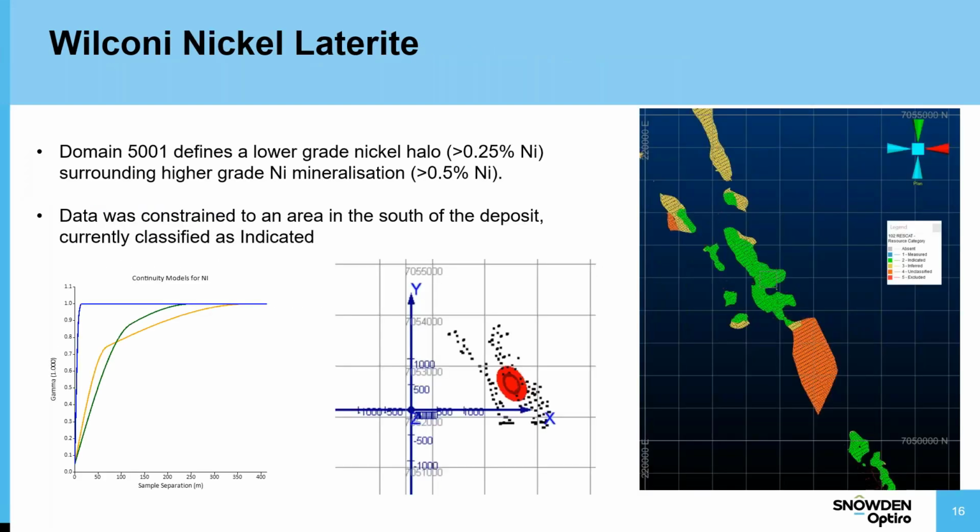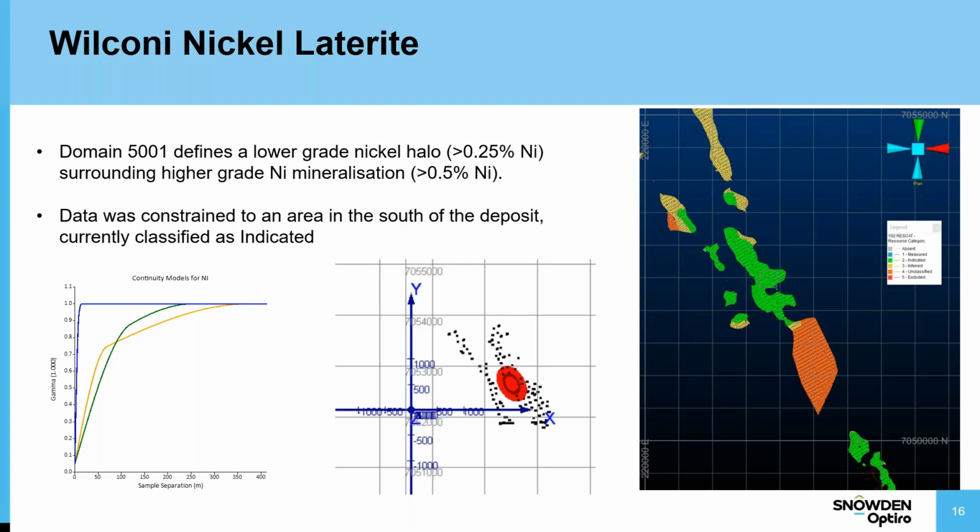So as I mentioned, domain 5001 defines a lower grade nickel halo surrounding the higher grade mineralisation. And we chose our worst variogram because what we defined there would still be appropriate for the best variogram in the deposit. So by choosing the worst variogram, the drill spacing that you define from that meets criteria for the better ones.